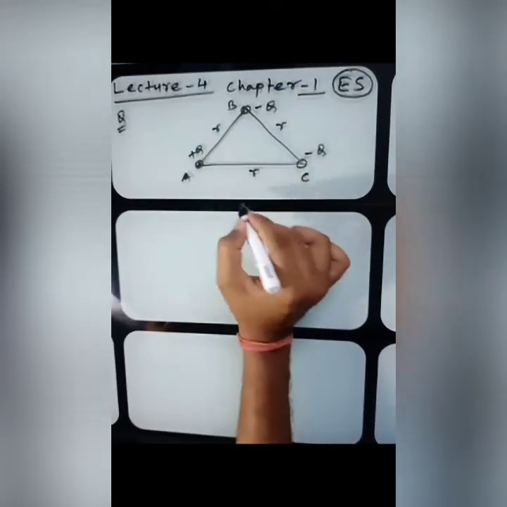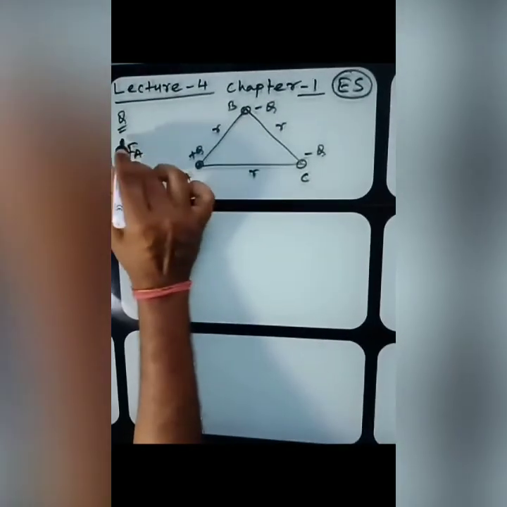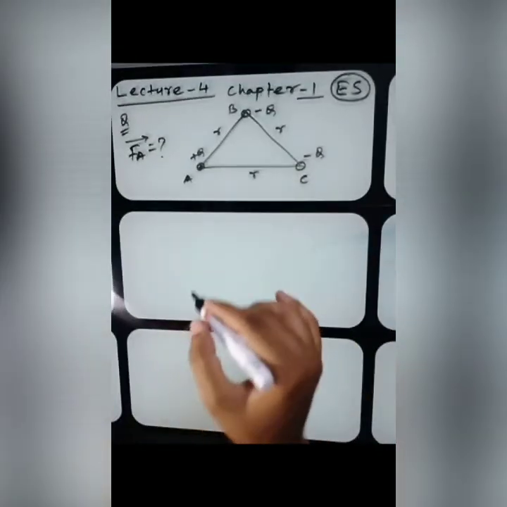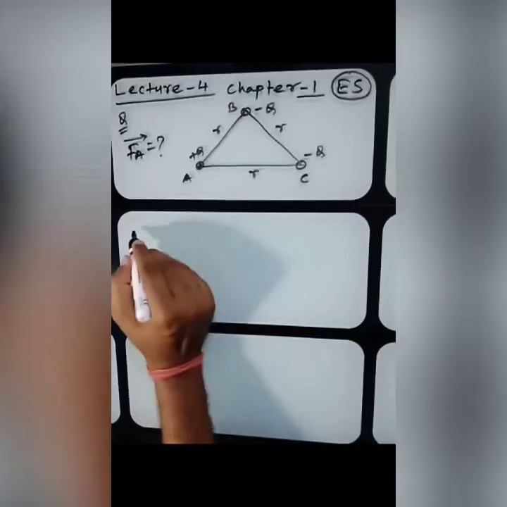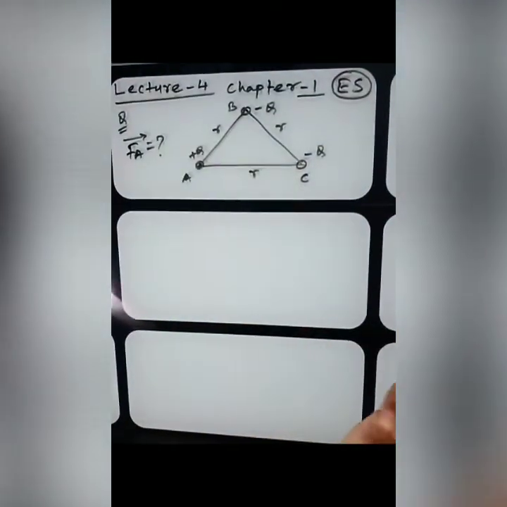If it is an equilateral triangle, the angle will be 60 degrees. We have to find the force F on A. So try to solve this question. If you can solve, then pause the video and solve this question.